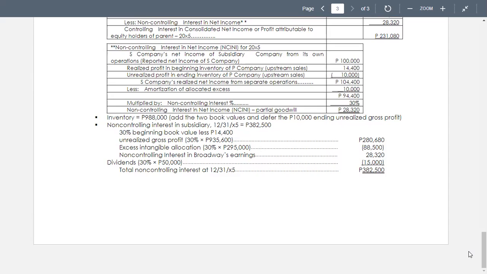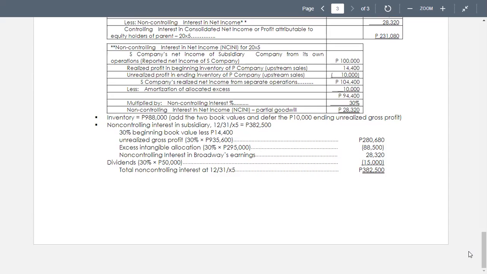So the consolidated net income as computed is 249,000. So that's letter D, not C. Number 8 is letter D. The consolidated net income that's computed is 249,000.